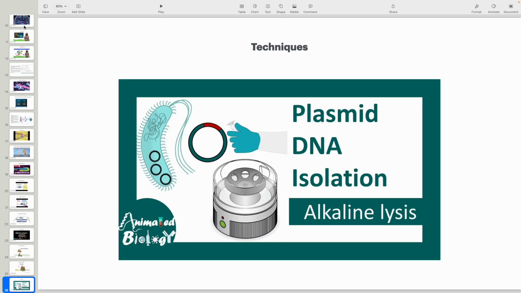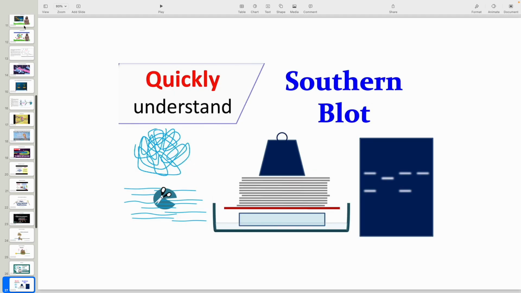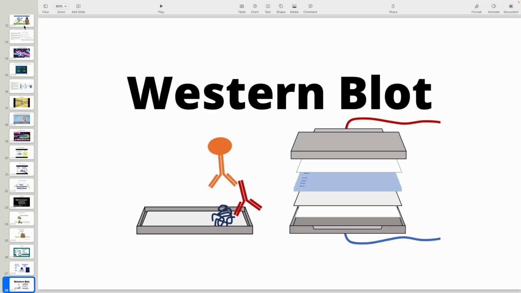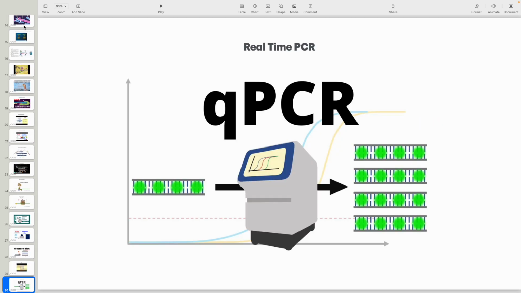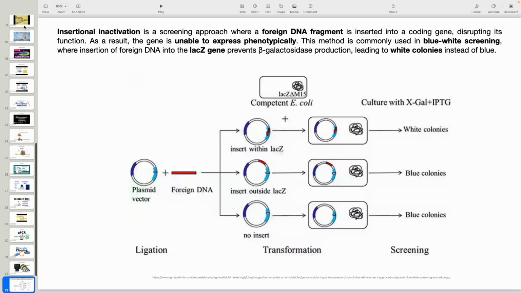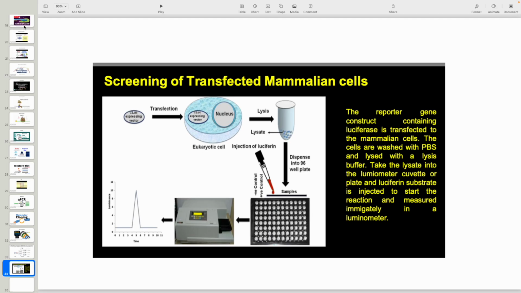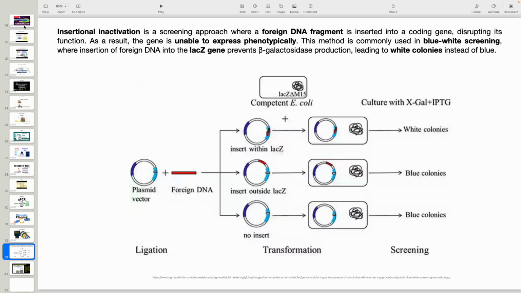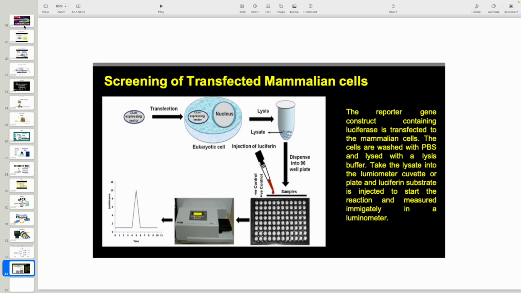Then we had gone through some of the techniques like plasmid DNA isolation, Southern blotting, Western blotting, PCR, qPCR, molecular cloning, types of cloning vector, then how the transformed or transfected cells were screened for the recombinant DNA. So this was it for our revision session.